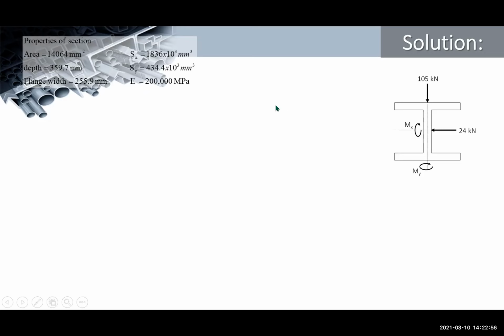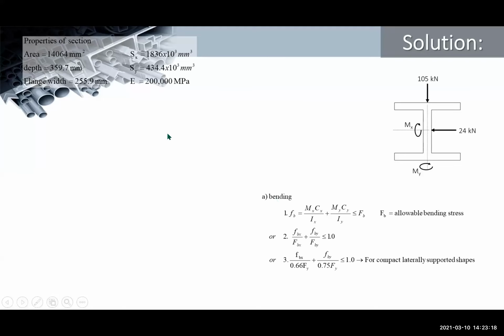Fb is equal to Mc over I. Since meron na tayong given na section modulus, so ang gagamitin natin is Fb is equal to M over S. So since x and y, Fb is equal to Mx over Sx, and then Fb is equal to My over Sy. Ito, bending. Then check natin yung adequacy using this equation.